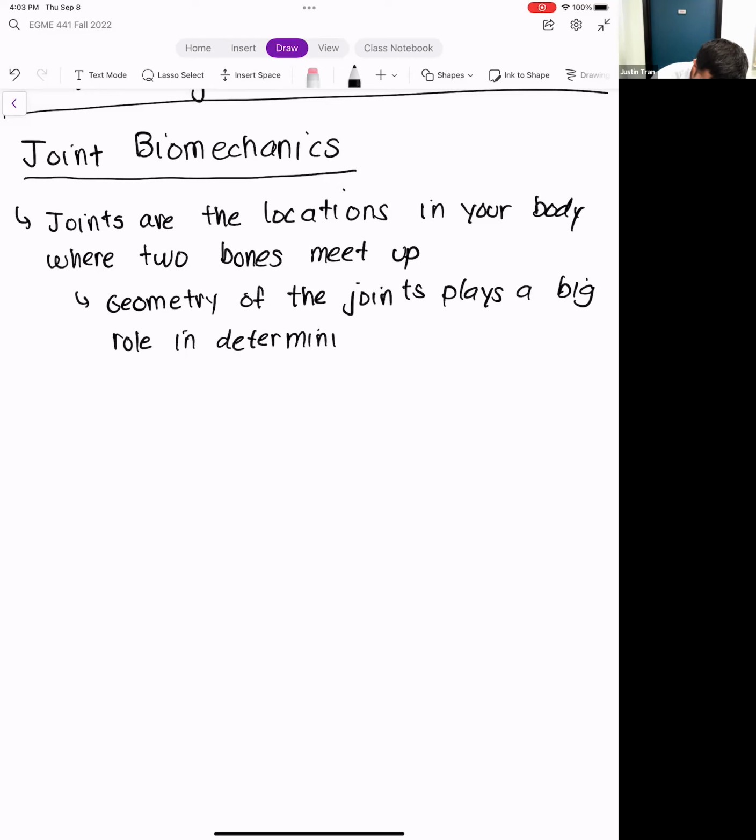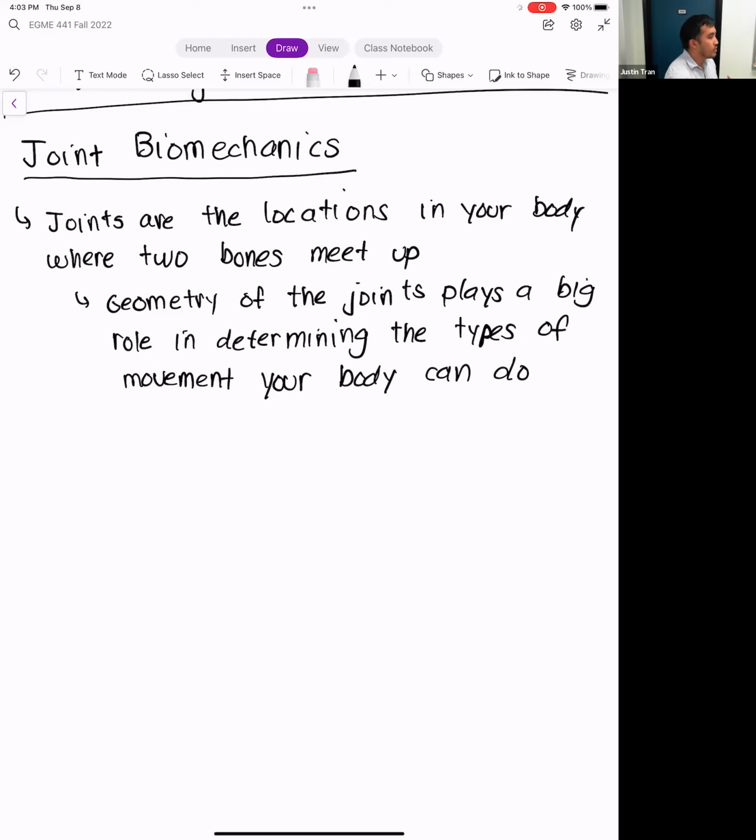Think of it like two mechanical parts meeting up in the same place. Depending on how they fit together, that determines the type of movement they can do and the type of actions that can be performed at that joint.